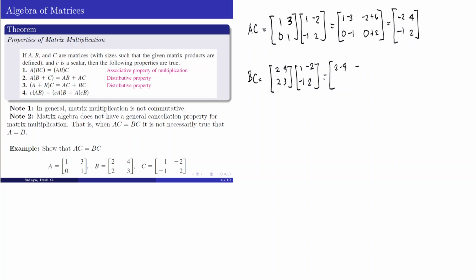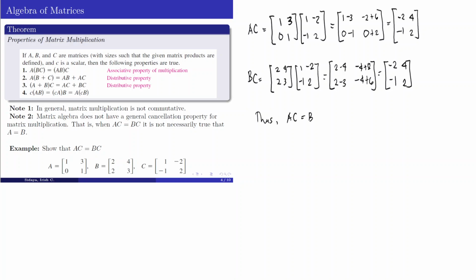So that's -4 plus 8. Then this row to this column, we have 2, -3, and then this to this one, we have -4 plus 6, which is equal to, we have -2, this is 4, this is negative 1, and then this one results to positive 2.